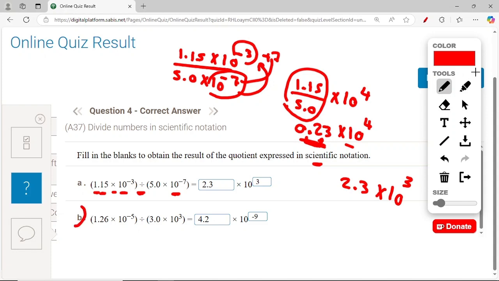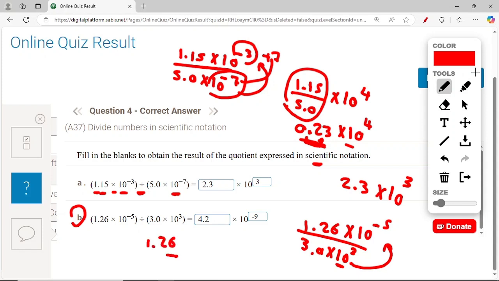Same thing, we'll do it for question B. It will be 1.26 multiplied by 10 to the power of minus 5, divided by 3 multiplied by 10 to the power of 3. So we'll flip 10 to the power of 3 to the denominator. So it will be 1.26 divided by 3 multiplied by 10 to the power of minus 5, and 3 in the denominator makes it minus 3, so it will be minus 8.